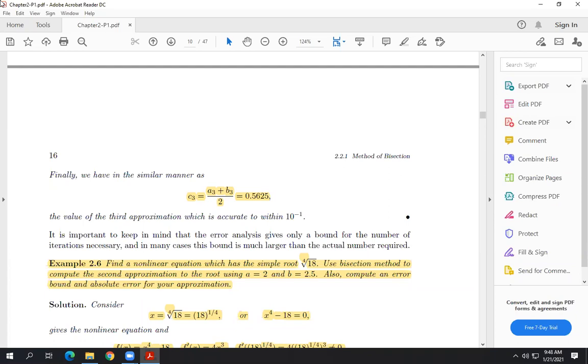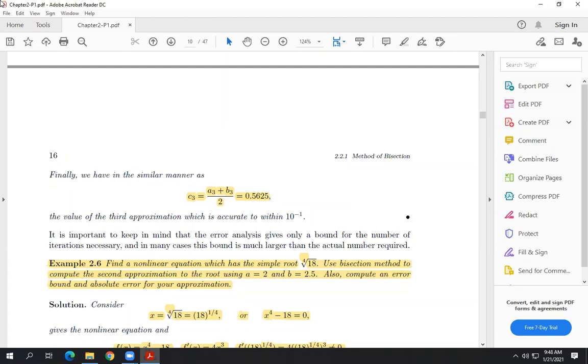Number 1, Isa. Number 2, Saud. Number 3, Abdullah. Number 4, Mashal bin Abdullah. Number 5, Muhammad bin Majid. Number 6, Muhammad bin Sattam.